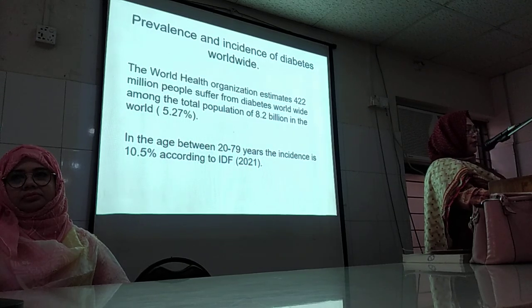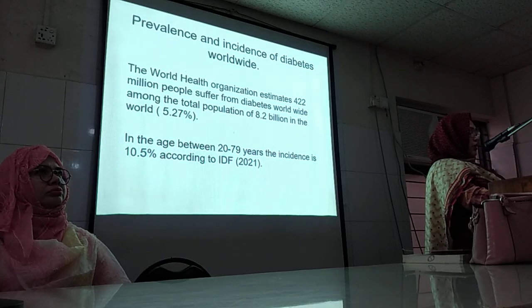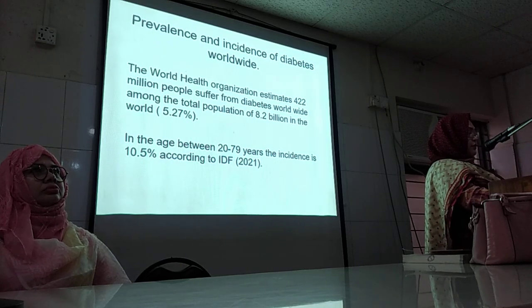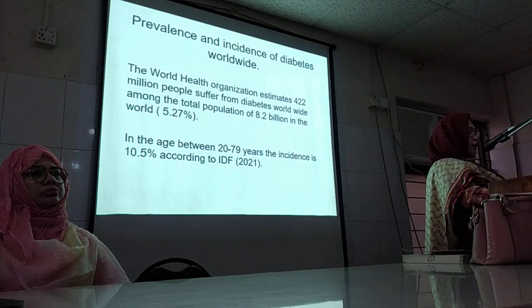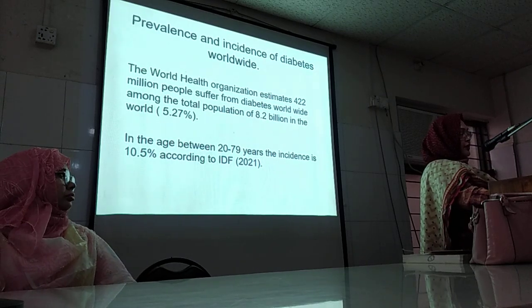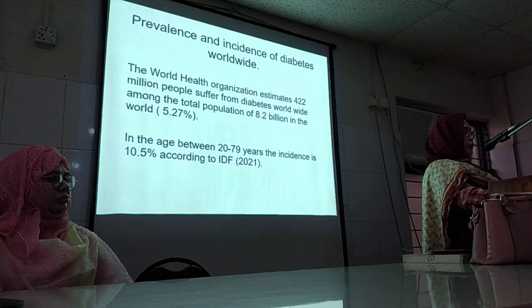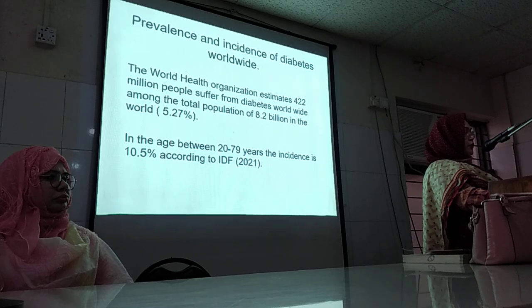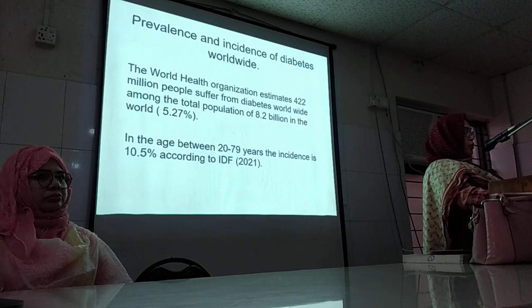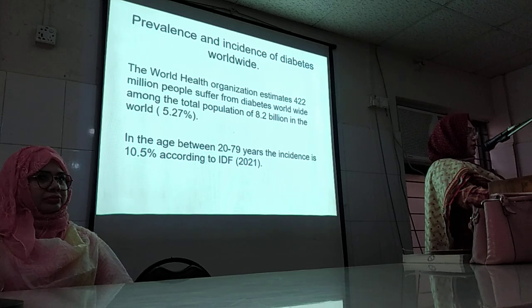Prevalence and incidence of diabetes worldwide. The World Health Organization estimates 422 million people suffer from diabetes worldwide among the total population of 8.2 billion in the world.